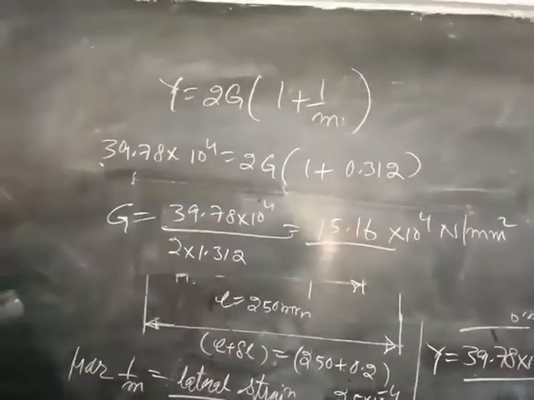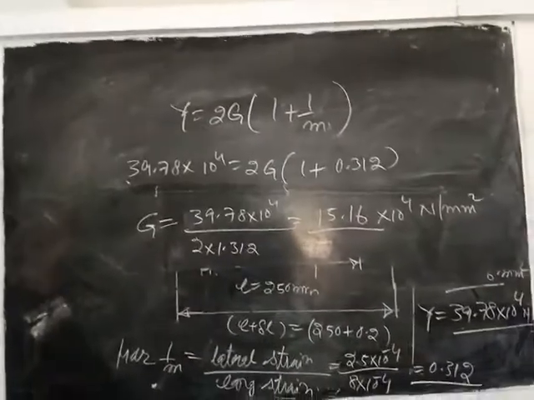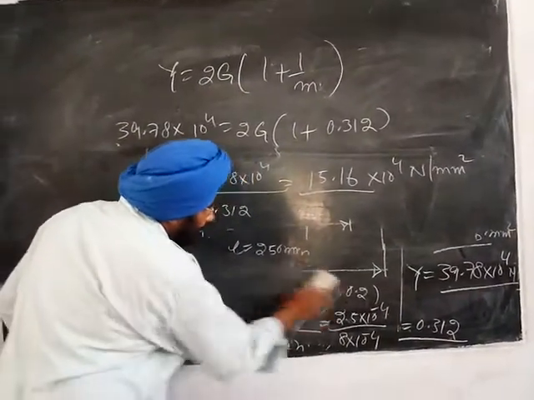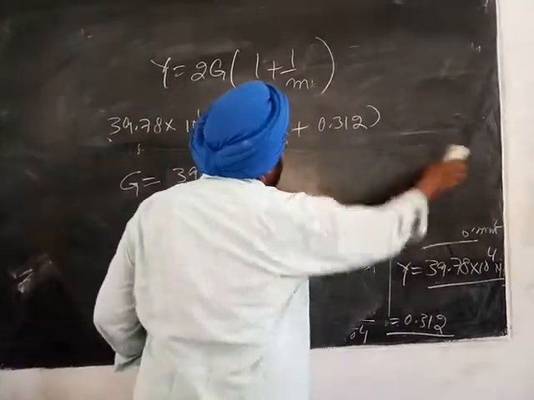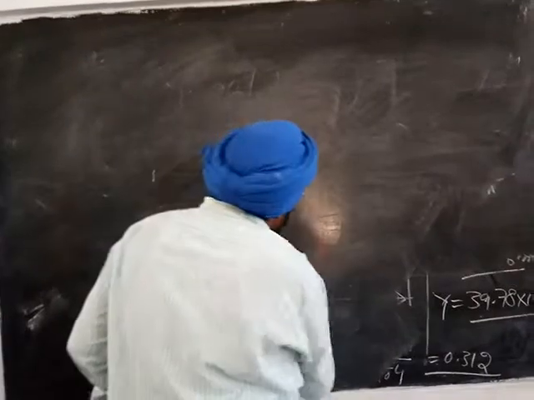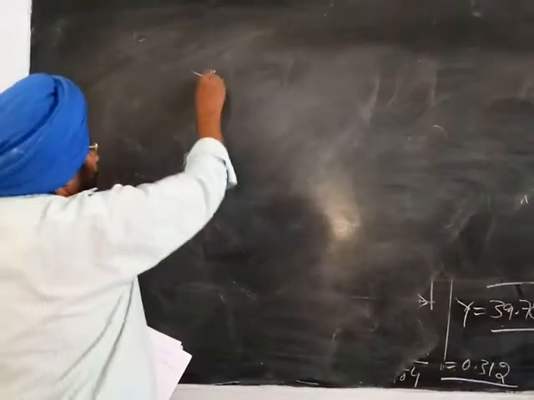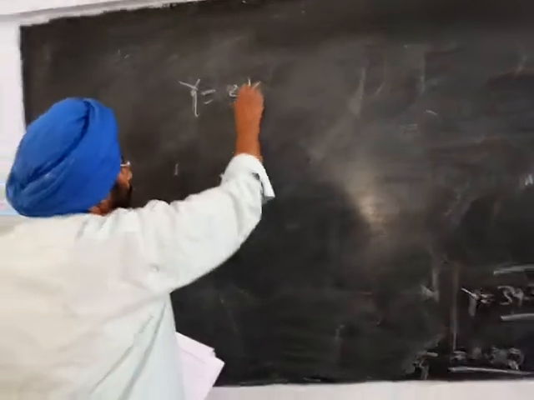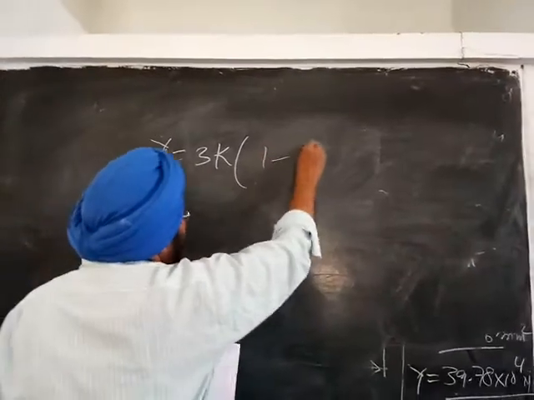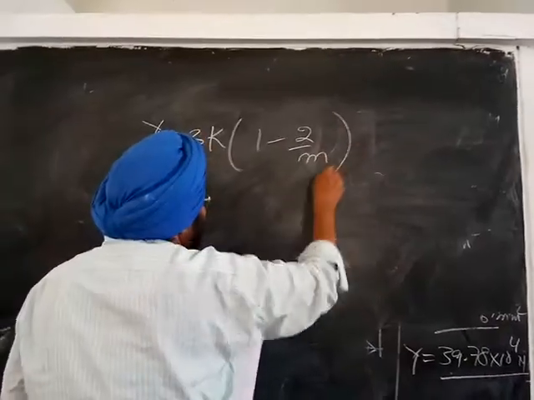So then the relation between Young's modulus and bulk modulus. The third part of the problem is the relation between Young's modulus and bulk modulus: Y equal to 3K into 1 minus 2 upon m.